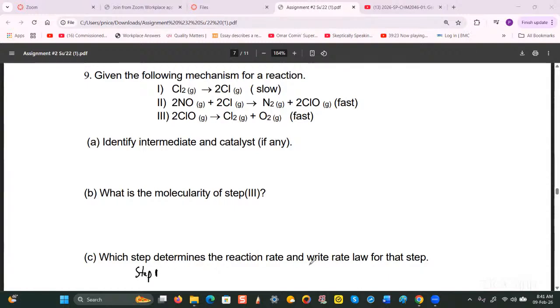Now, the next question is to write the rate law for that step. So what would be the rate law for that step?